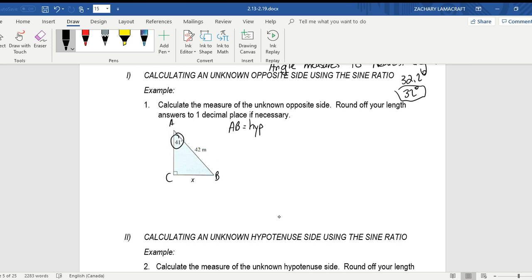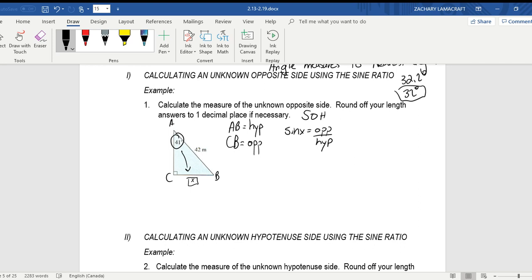There's an x at C to B, and because it is across from our angle in question, that is our opposite side. Based on the information we have, we can solve for that x. Once again, we can write sine x is equal to opposite over hypotenuse.